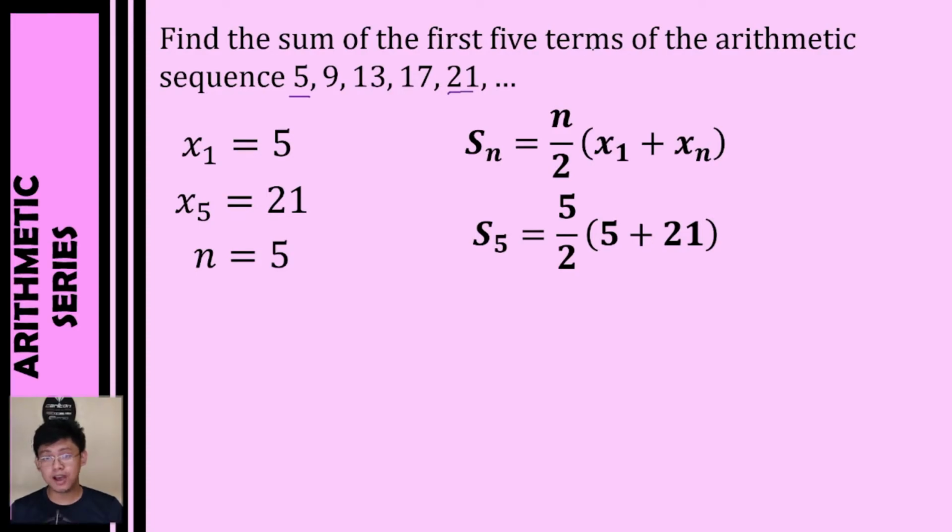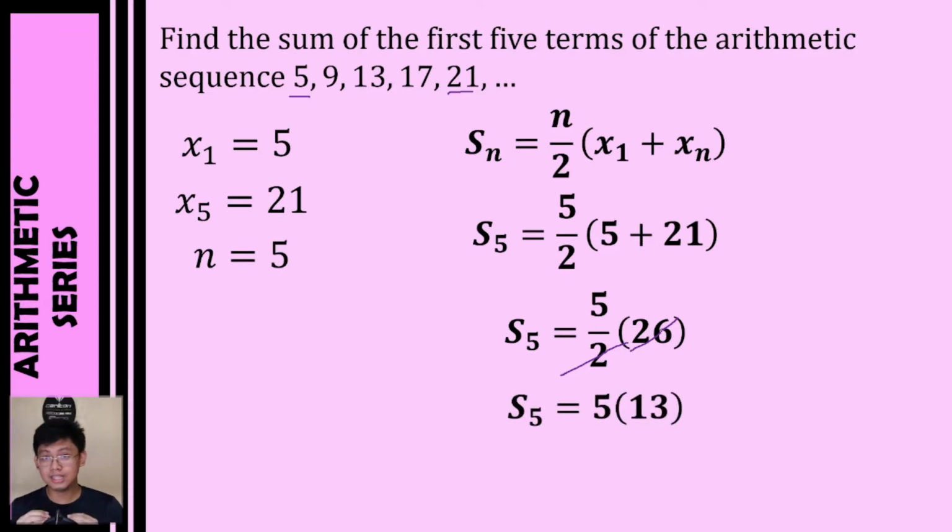Let's simplify using the order of operations. 5 plus 21 gives us 26. And we can apply simplifying fractions, so we can cancel out 26 and 2. 26 divided by 2 is 13. 5 times 13 gives us 65. And the sum of the first 5 terms of the arithmetic sequence is 65.